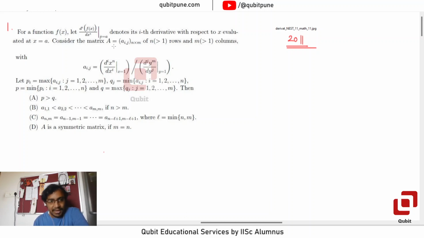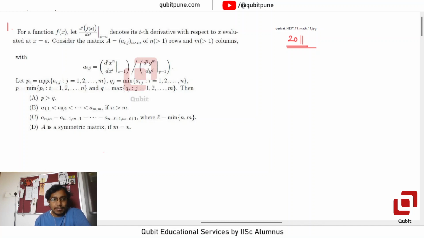Consider the matrix A given by [aij], n cross m, of n greater than 1 rows and m greater than 1 columns, with aij given by d^i x^n/dx^i at x equal to 1 divided by d^j y^m/dy^j at y equal to 1.